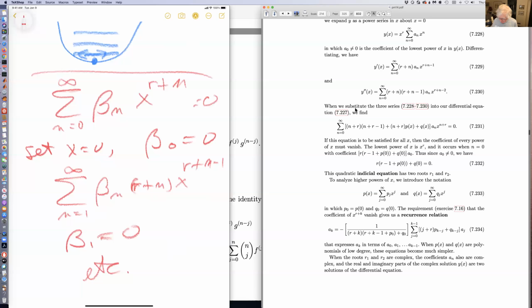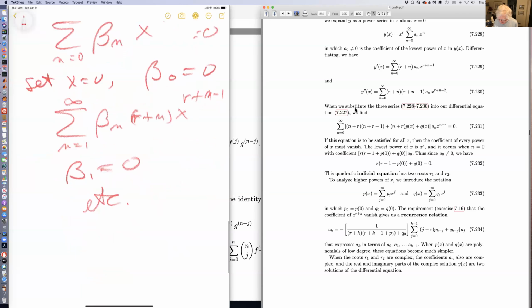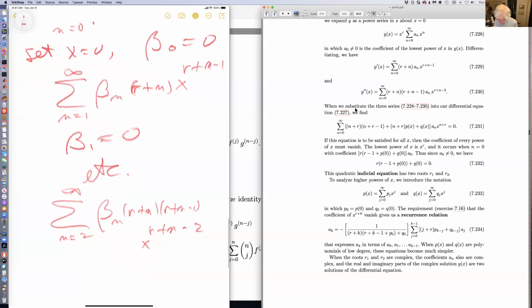In other words, the next step is you take a second derivative, and then you have a sum n equals 2 to infinity of beta n, r plus n, times r plus n minus 1, times x to the r plus n minus 2. Now you set x equal to 0, and the lowest term is n equal to 2, and you get that one equal to 0.